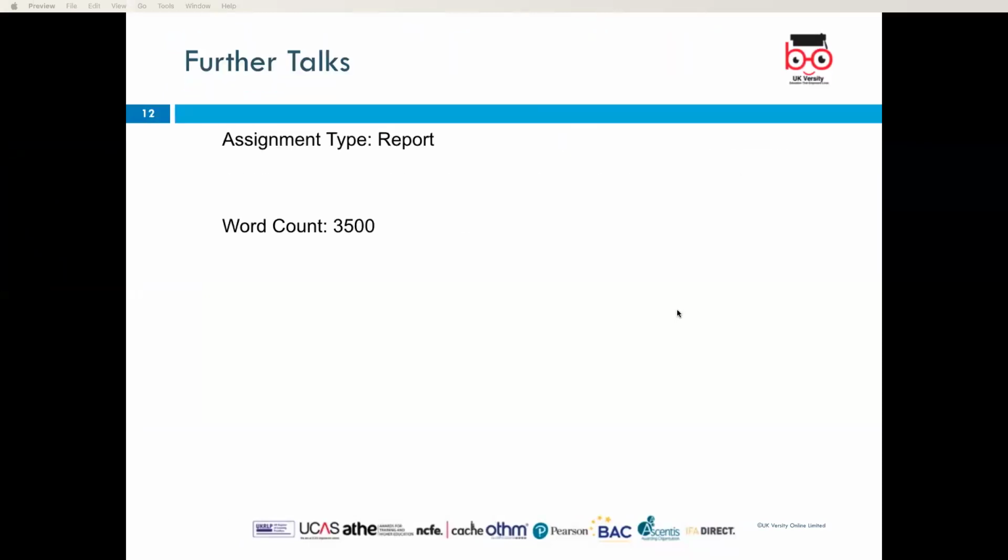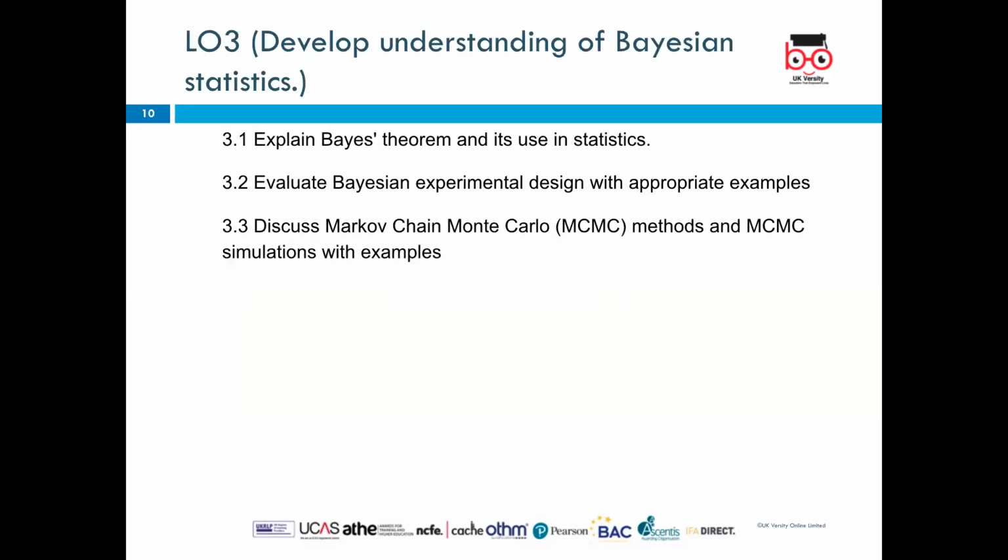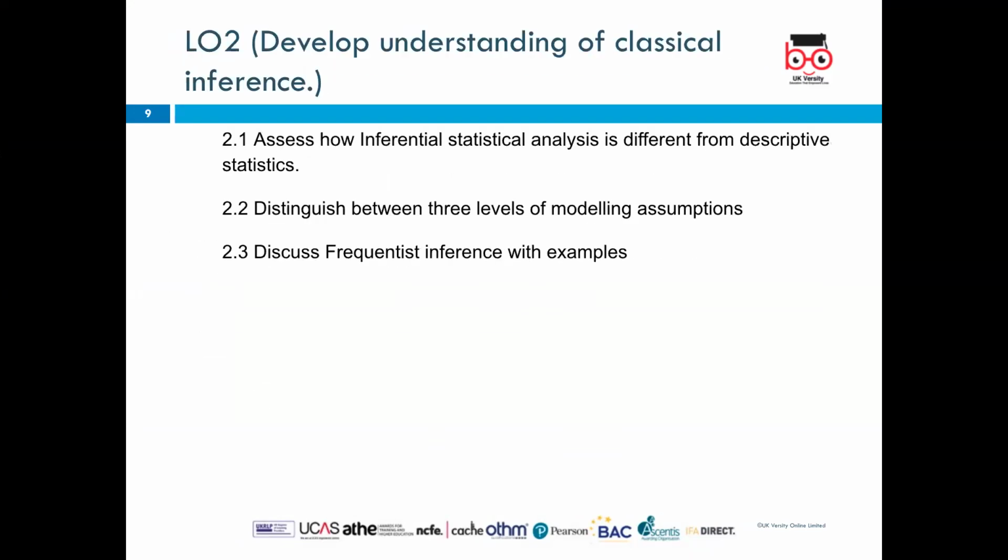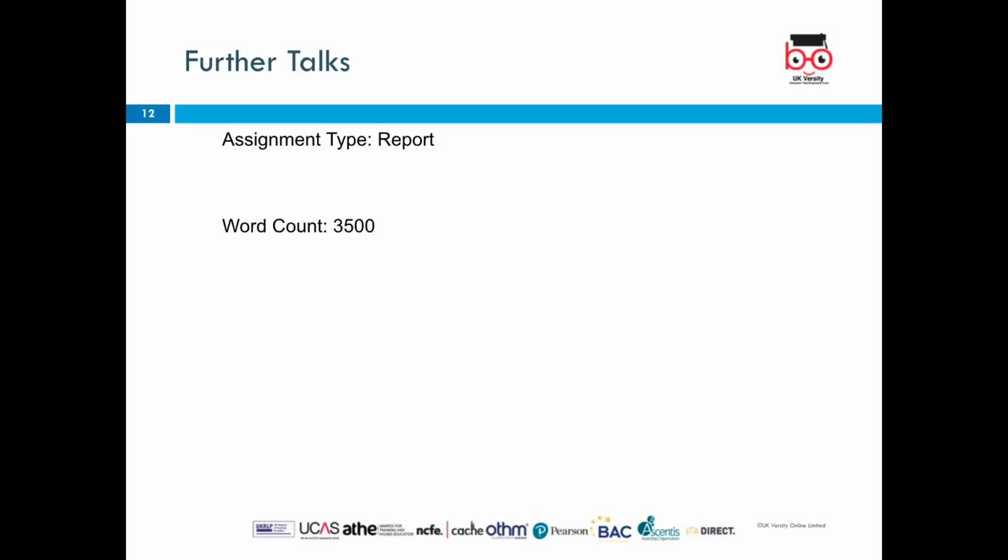So yeah, further, this assignment is a report, and the word count is 35. So with learning outcomes 1 to 4, you have to make it in the form of a report, and the word count is 35.